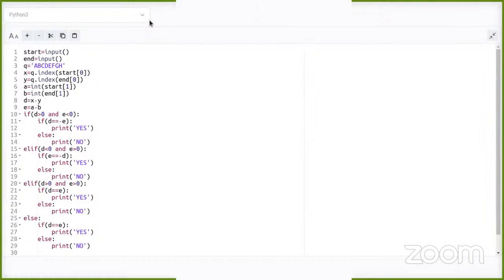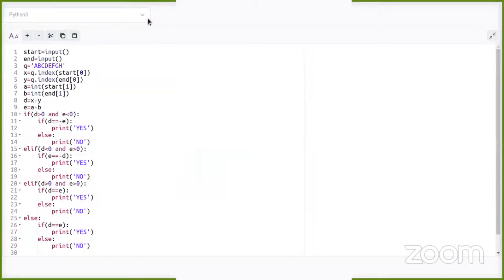Then for A and B, she has done int of start of 1 and end of 1, which is basically the numbers, the columns.